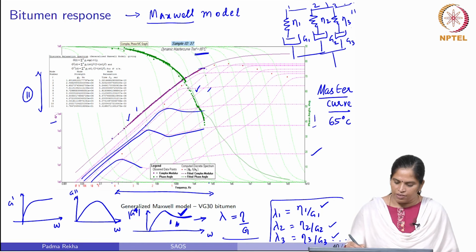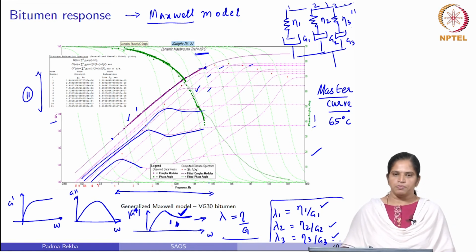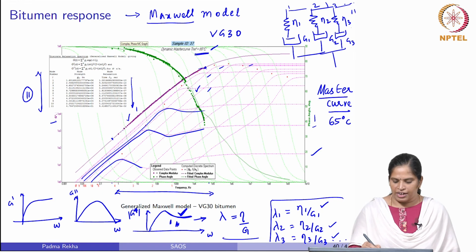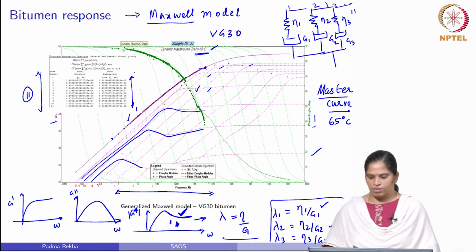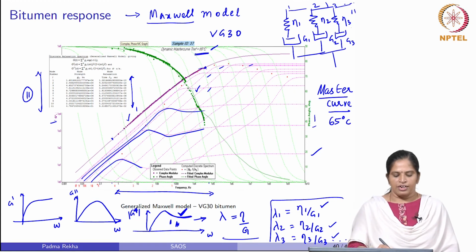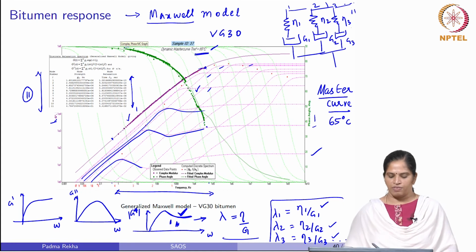So, you have 11 relaxation times combined together to predict the response of a bitumen. At this temperature, for this specific type of bitumen, which is again a VG30 bitumen at 65 degrees Celsius, eleven relaxation functions could combine together to predict the dynamic modulus value and the phase angle value.